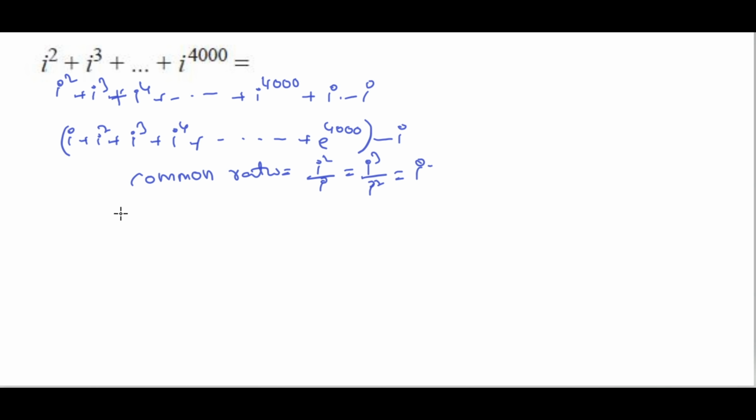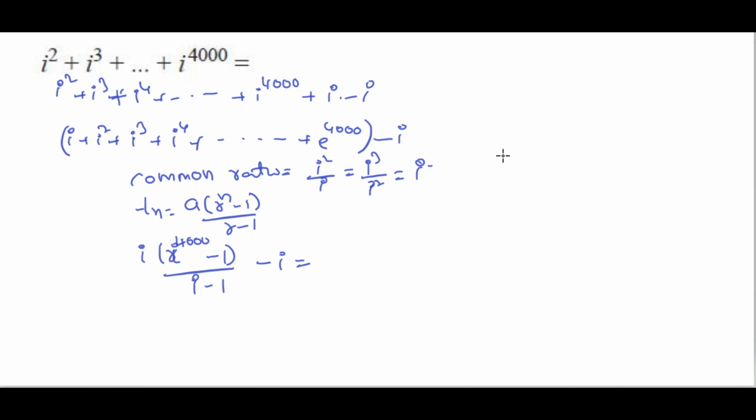So nth term T n is equal to a into (r to the power of n minus 1) by (r minus 1). Applying this formula, a value is i into (r to the power of n, i to the power of n value is 4000, minus 1) by (i minus 1) minus i.